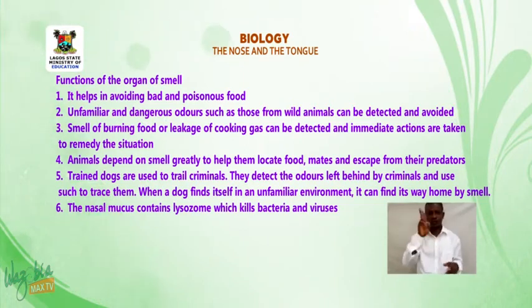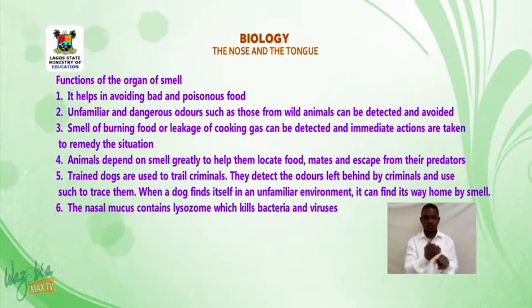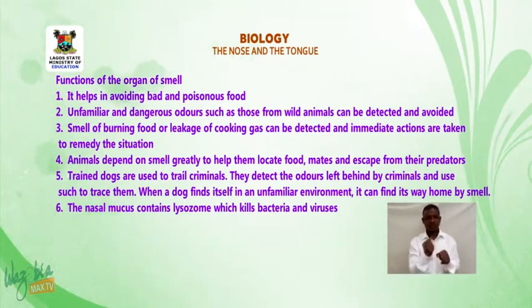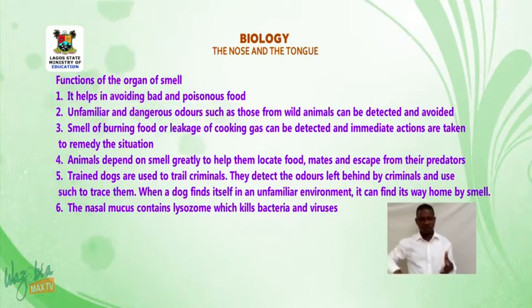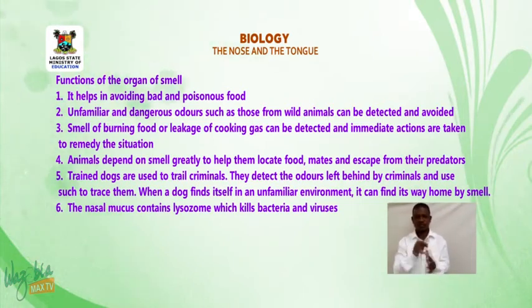5. Trained dogs are used to trail criminals. They detect the odors left behind by criminals and use such to trace them, because they have been trained to do that.